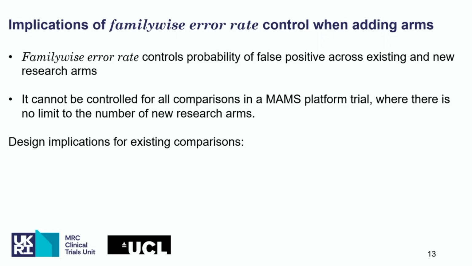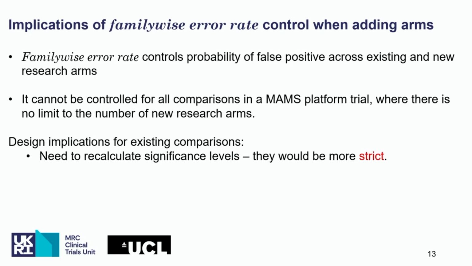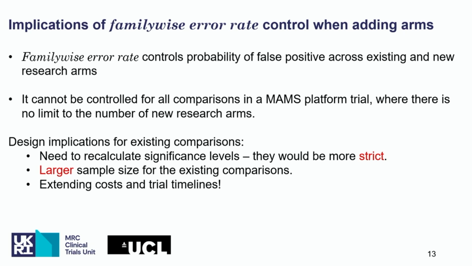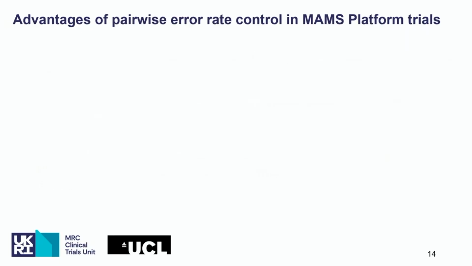And there are design implications for the existing arms. As you saw, we need a larger sample size. You need to go back and recalculate the critical value or the significance level for the primary test you are using. They would be stricter, with a larger sample size for existing comparisons, and extended costs and trial timelines.